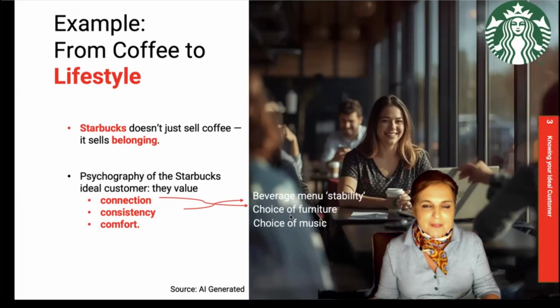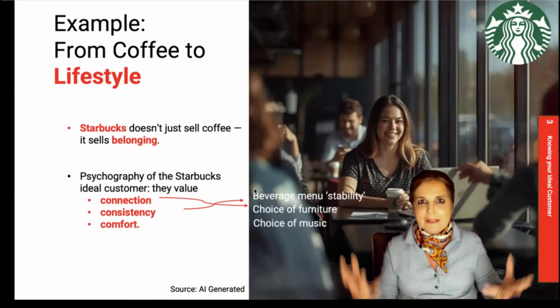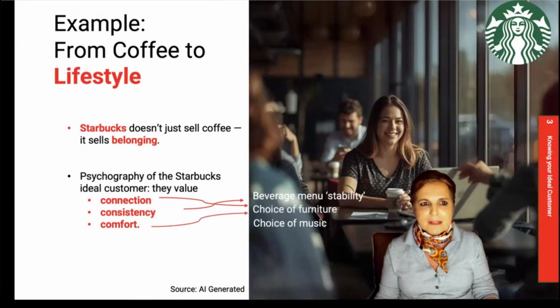It's very specific, correct? And the choice of music that may be playing at Starbucks, right? So it is the psychography of the Starbucks ideal customer that leads to the choices of design of furniture, music, etc., by the business owner, by the big corporation that is Starbucks.